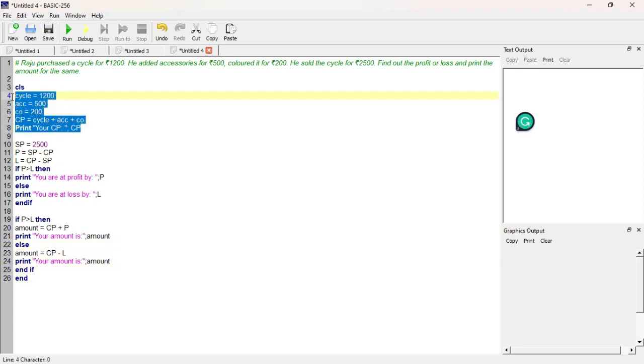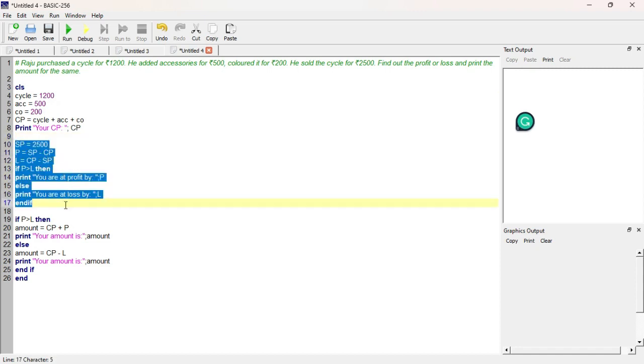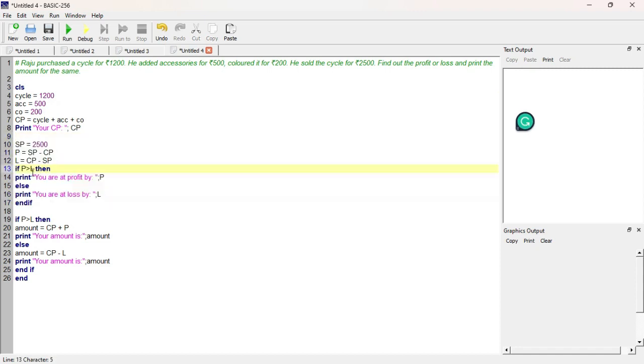In the first phase, I calculated the total CP of Raju. In the second phase, I calculated whether it is a profit or a loss by comparing profit and loss using the formulas. Then in the next case, I calculated the amount by comparing profit and loss.